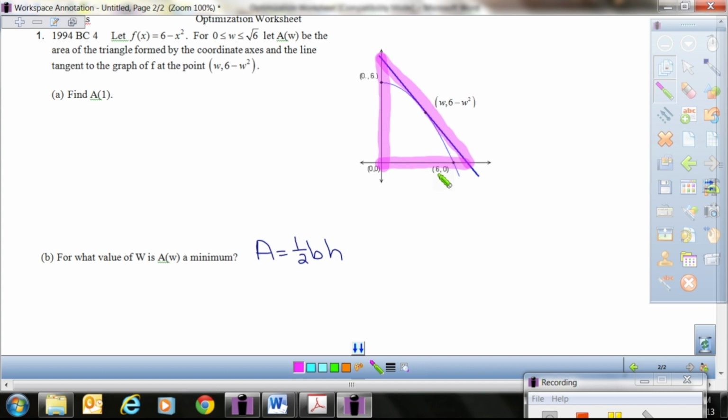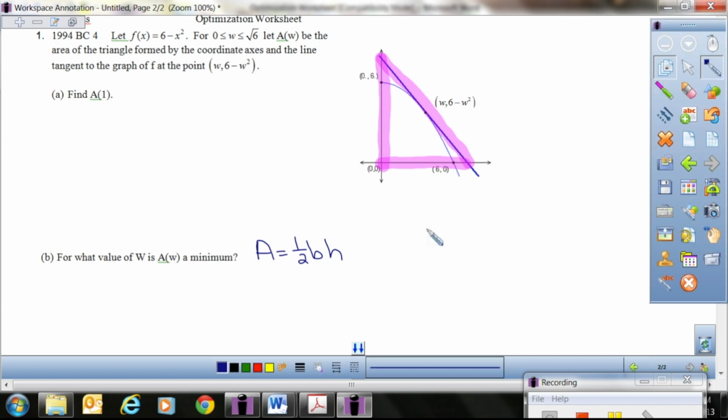So what is the base of this triangle? The base is the length from 0 to where this line hits the x-axis. So the base of the triangle is the x-intercept of that tangent line.